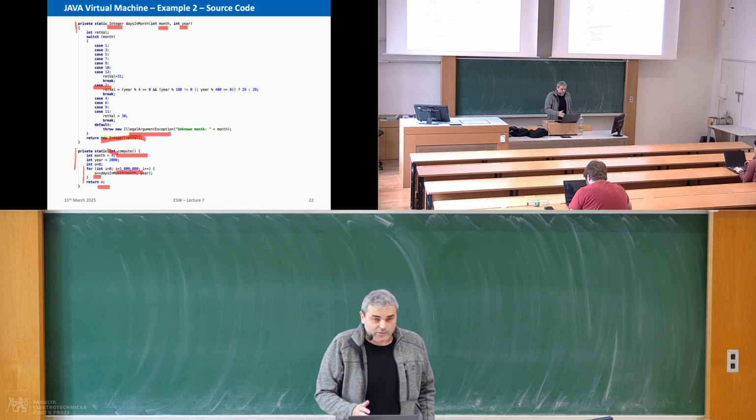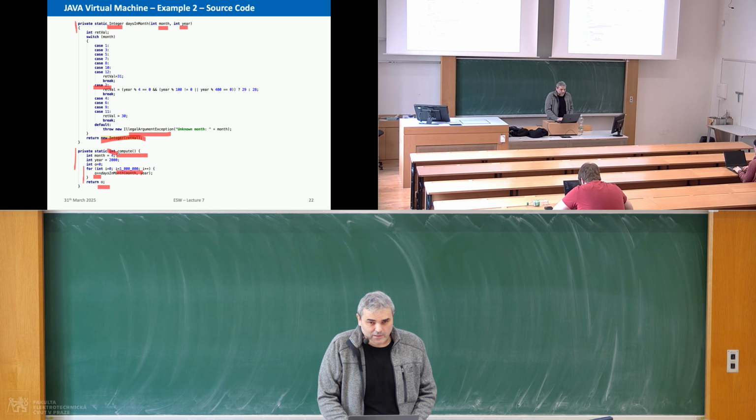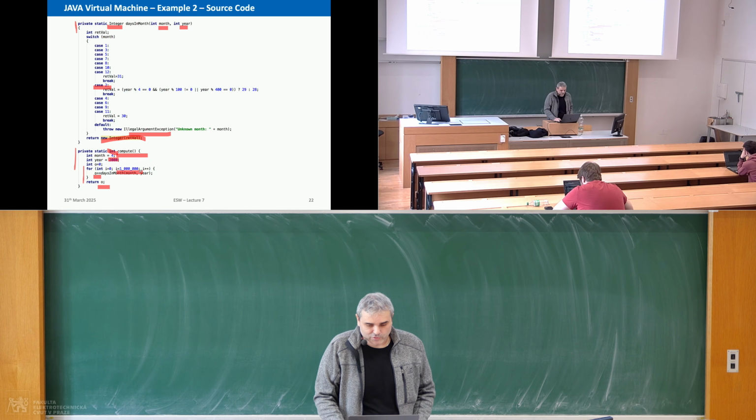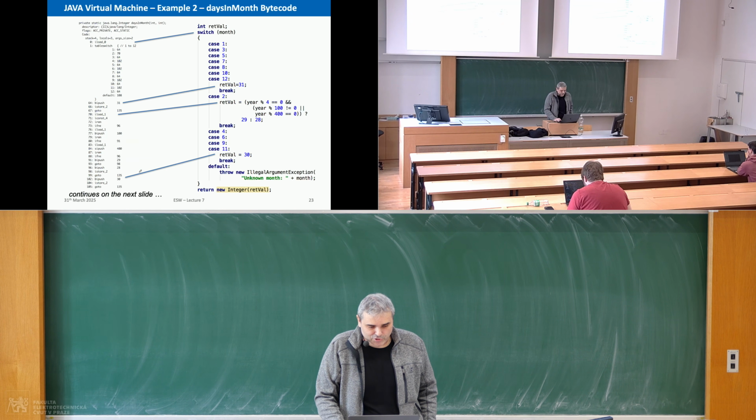What is important in this example is that these arguments are, let's say, constants from the perspective of the loop, because they are not changing. We are always calling it for the April month and the constant year, but in a million-iteration cycle. And we will see what it looks like during the execution of that method through the rest of this presentation.